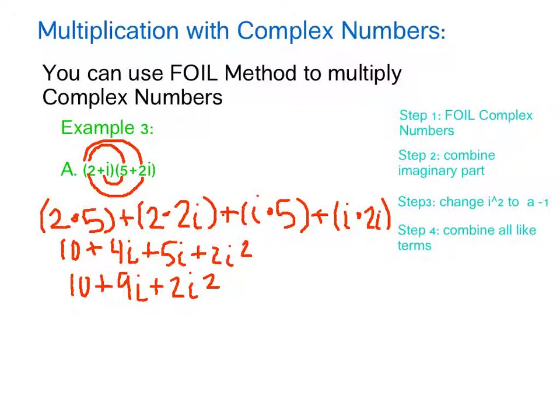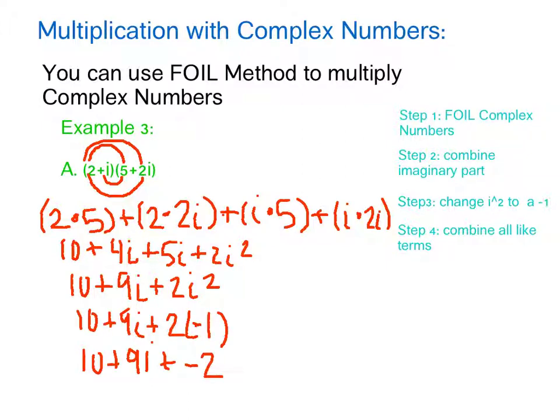So it now will look like this. Our final step is to combine all like terms that are last. So we would combine 10 and -2, which would give us 8. So the answer to this problem is 8 plus 9i, and that is our solution.